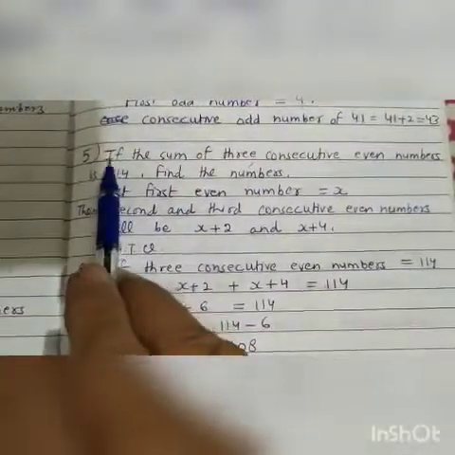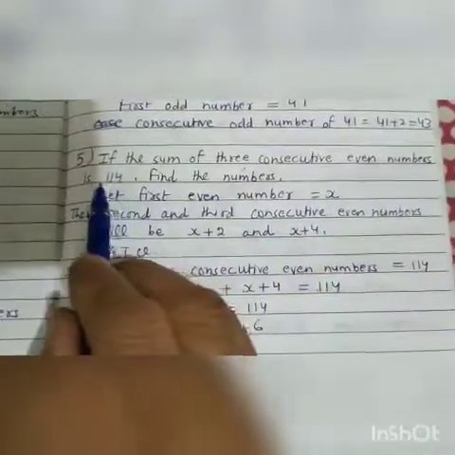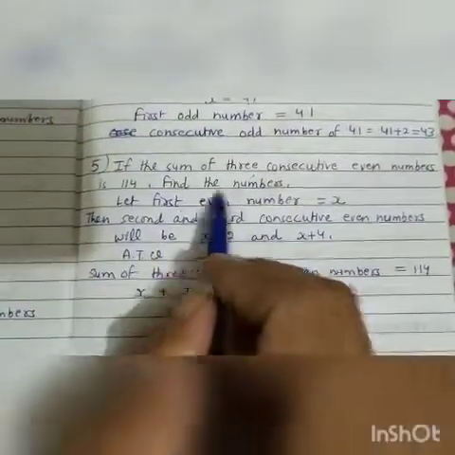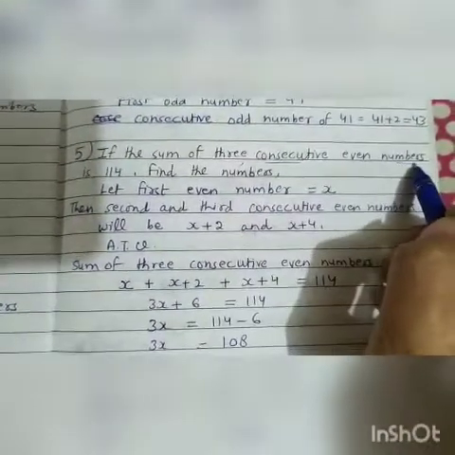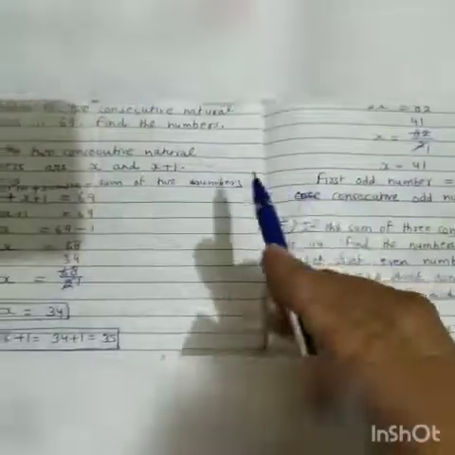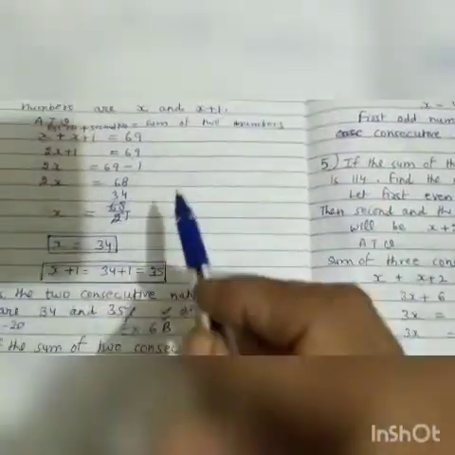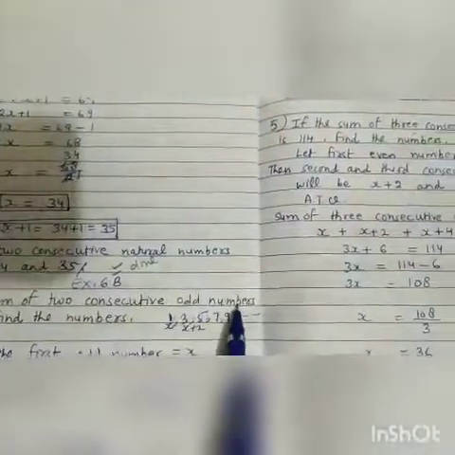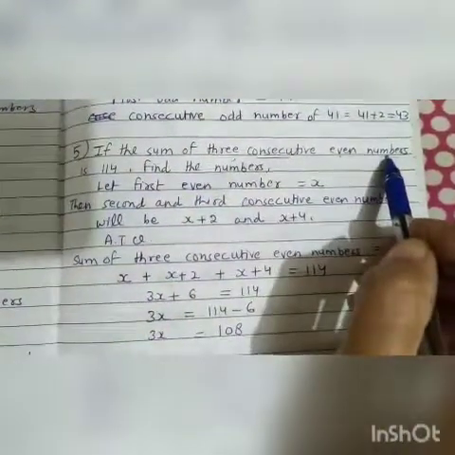Next, question number 5. If the sum of three consecutive even numbers is 114, find the numbers. Again here it is consecutive numbers, but this time they are even numbers. In question 3 we took consecutive natural numbers, in question 4 consecutive odd numbers, and in the next question consecutive even numbers.